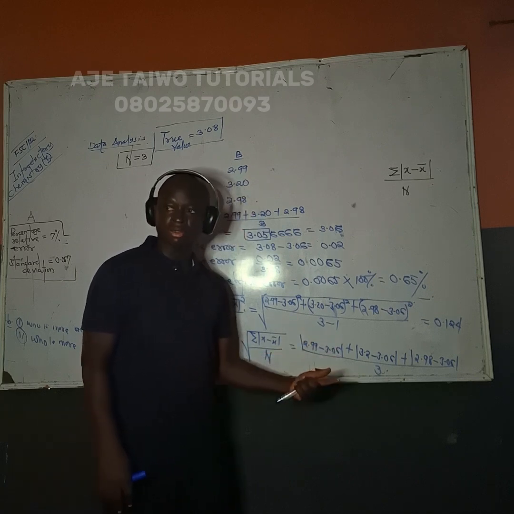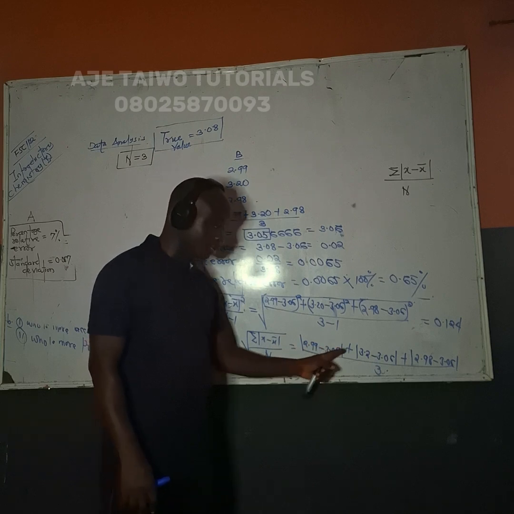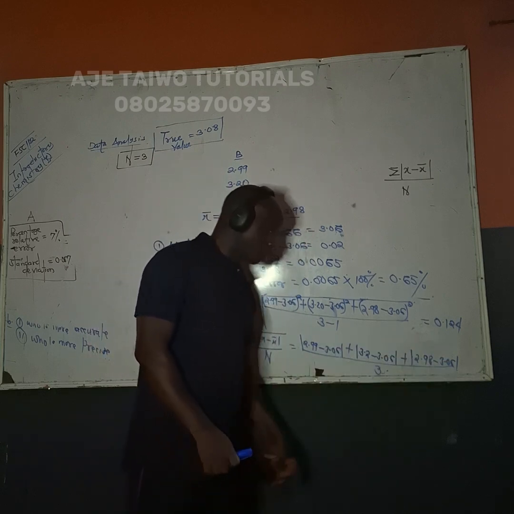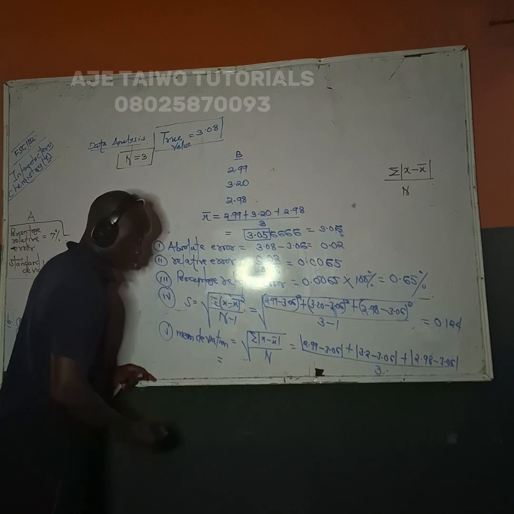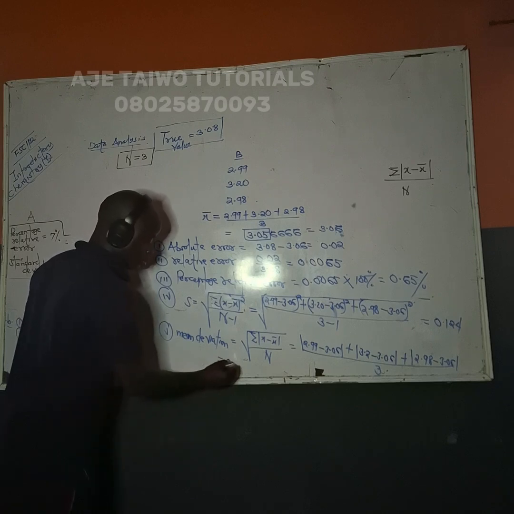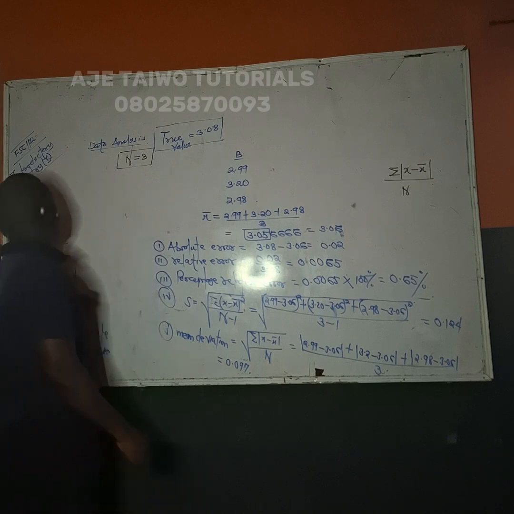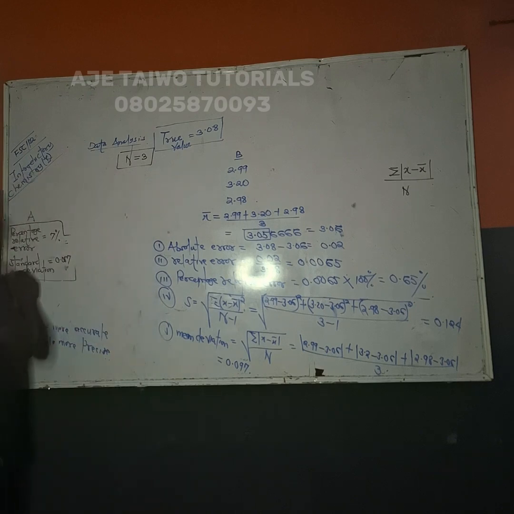Disregard the minus. You must use plus, plus, plus, over 3. What's the final answer, class? 0.097. Yes, please go ahead.